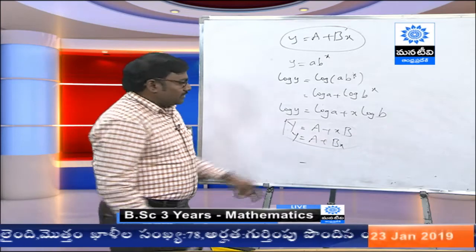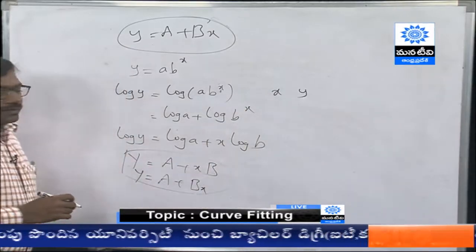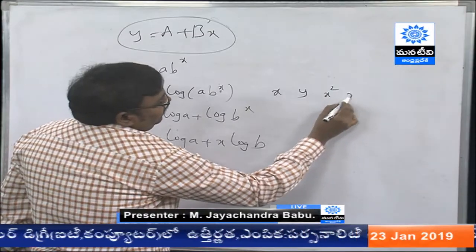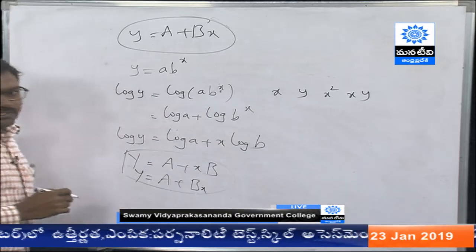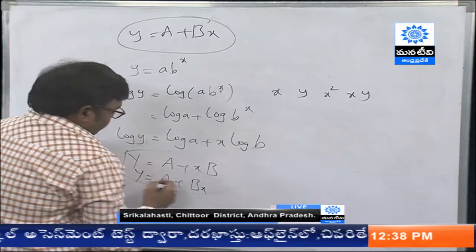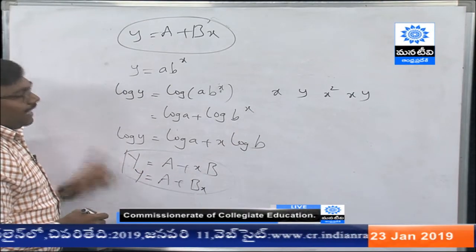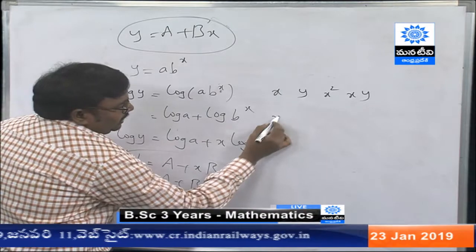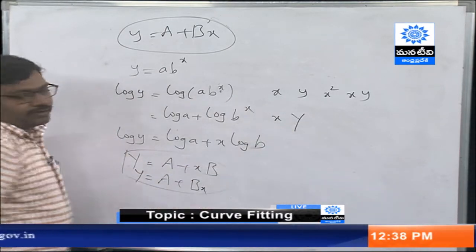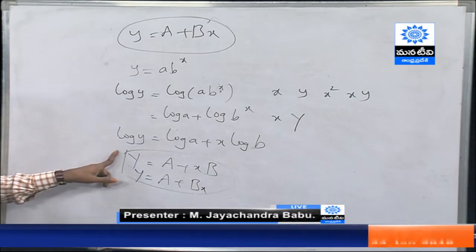But the thing is, our table will be different. Previously our table was x, y, x square, x into y. But here we need to write the same for small x and capital Y, which means small x will be as it is, but small y will be capital Y, where capital Y is nothing but log y.